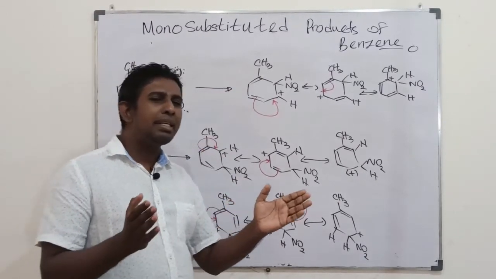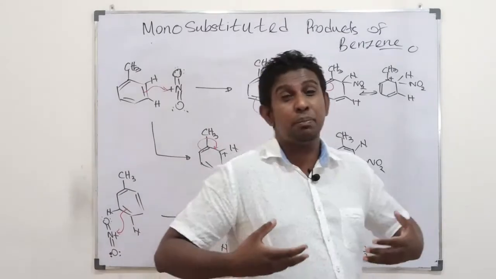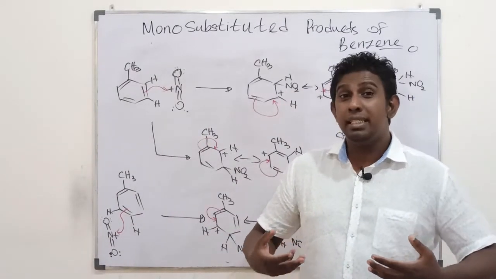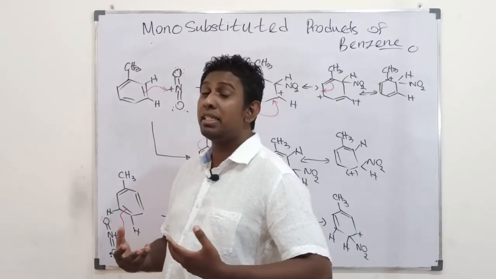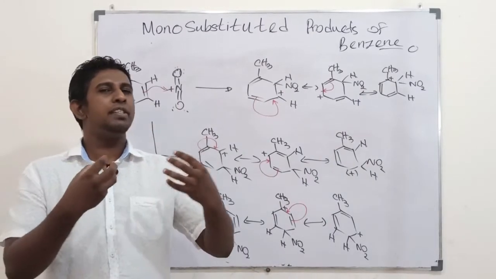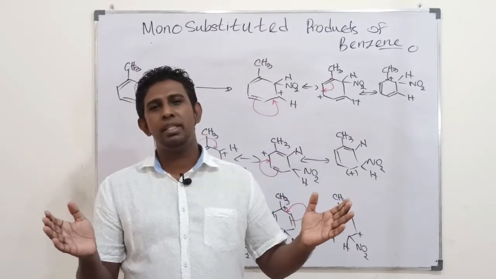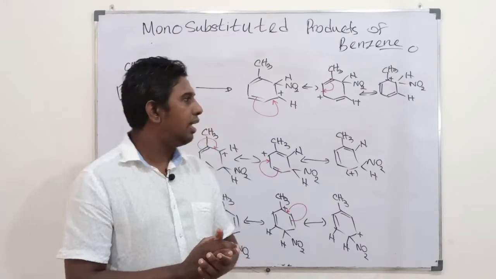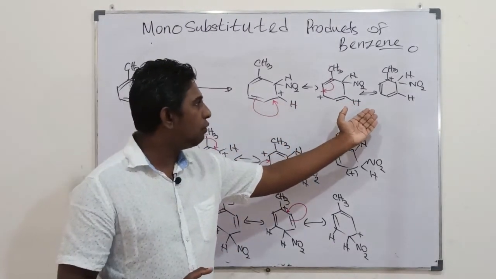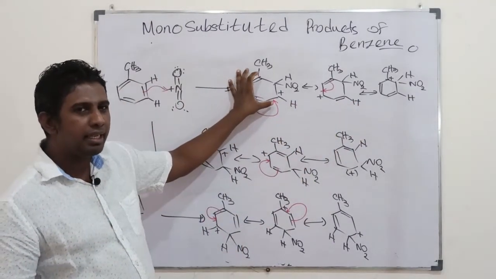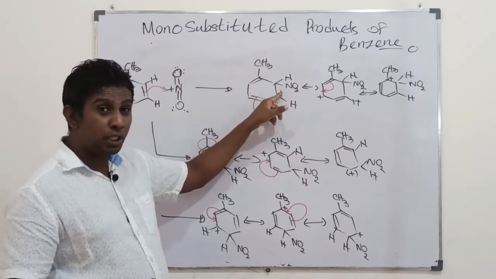How we can explain that this intermediate cation formation is possible is by showing this resonation, what we call the sigma complex. This is the resonation followed by the intermediate cation for the ortho substitution.